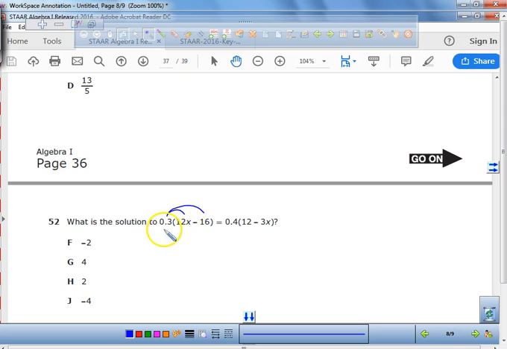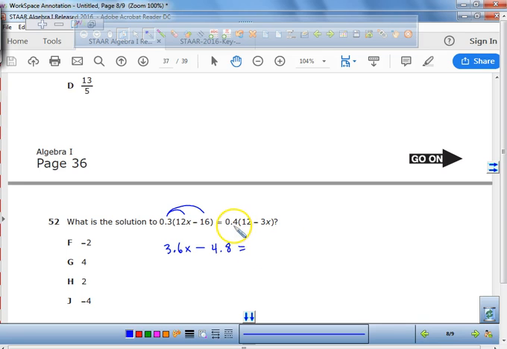Okay? So you're going to take 0.3 and multiply it to 12x. And if you use your graphing calculator, you should get 3.6x. All right? Minus, if you do 16 times 0.3, you should get 4.8 equals.